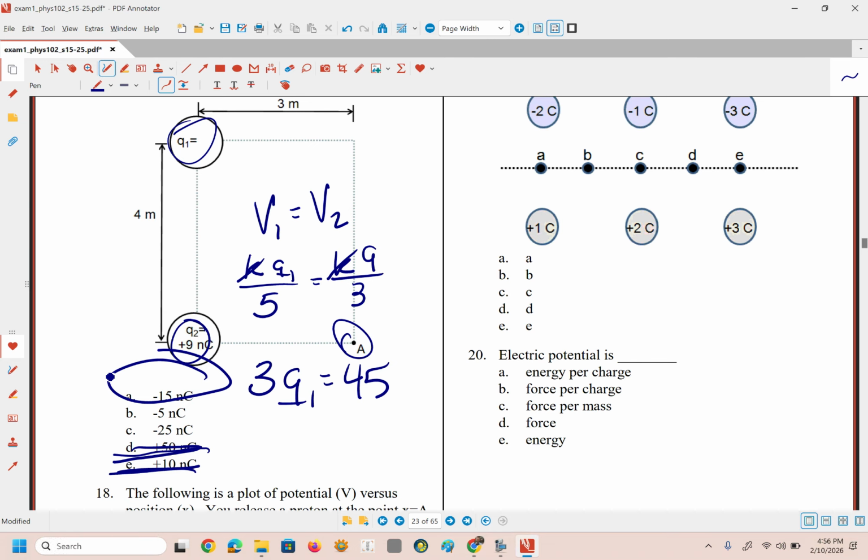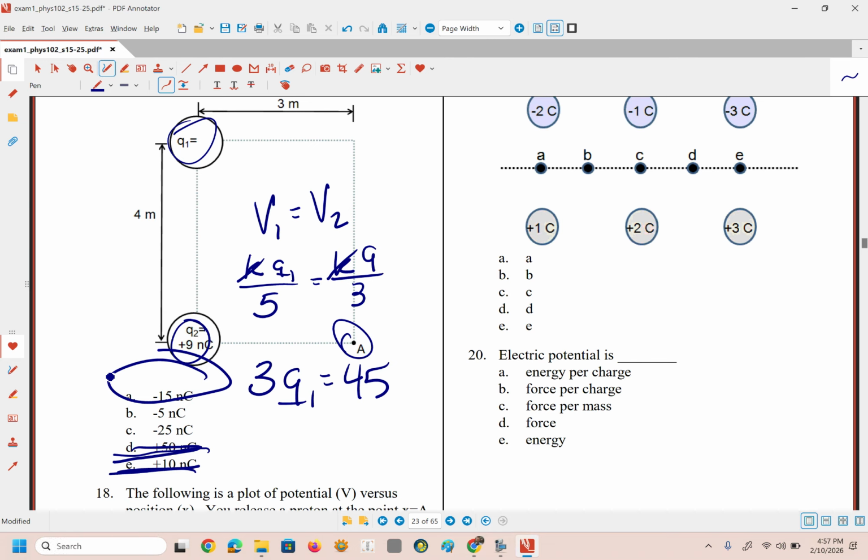Does that answer your question? You want to know where the kQ over 3 is from, for A. kQ over 3 is this one right here. That's not a Q, that's a 9. It's k times 9 divided by this distance, which is 3 meters. See, there's no base on it. That's Q, that's 9. Okay?